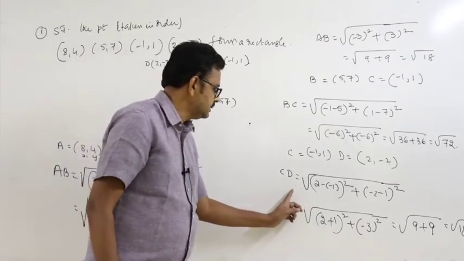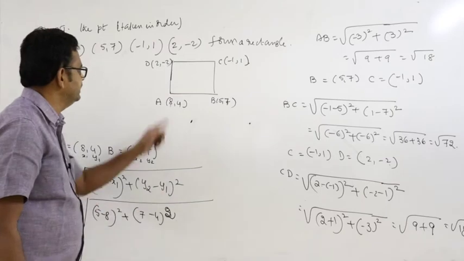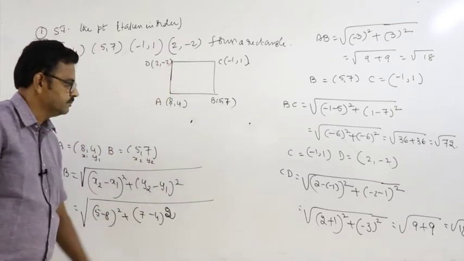So CD is root of 18, and you have to find AD, write down.